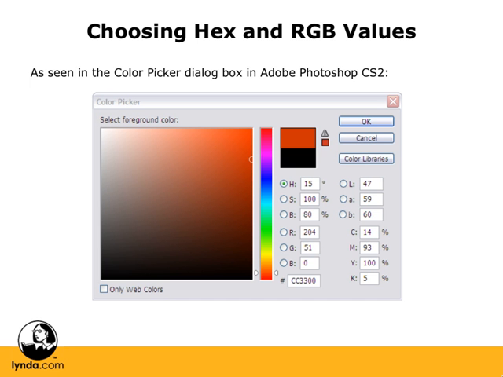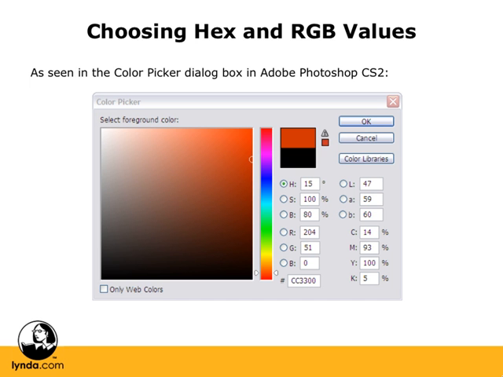As an example, something that you might pick out of a color picker like the one we see here from Adobe Photoshop. You can see right near the bottom of the dialog box, sort of to the right of center, there's a hexadecimal value right there, CC3300. That describes this particular color that's showing up in the preview box. And right above that hexadecimal value, there's a RGB of 204, 51, and 0.